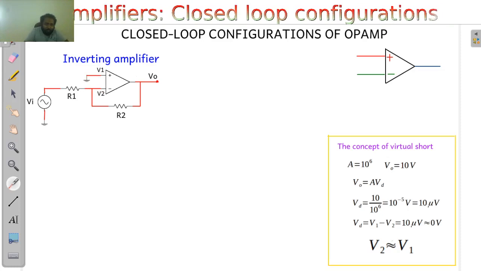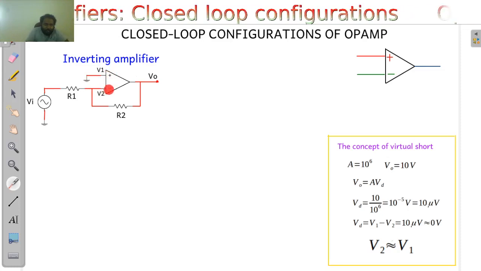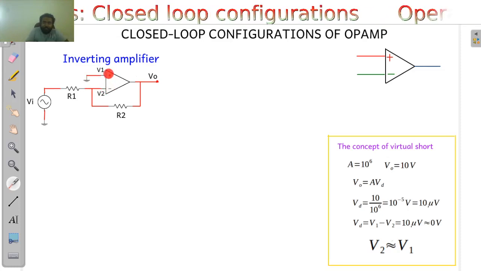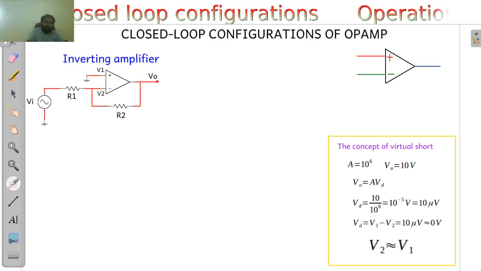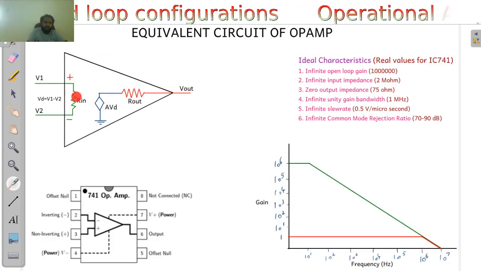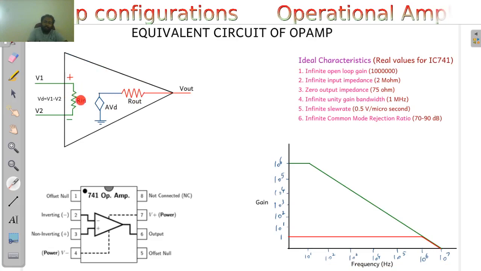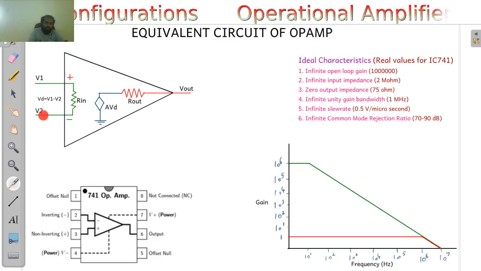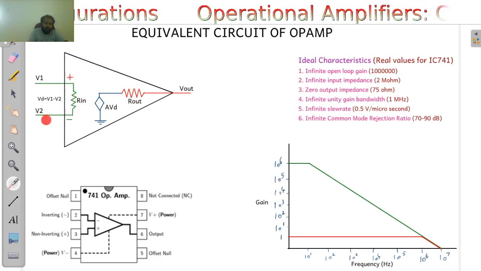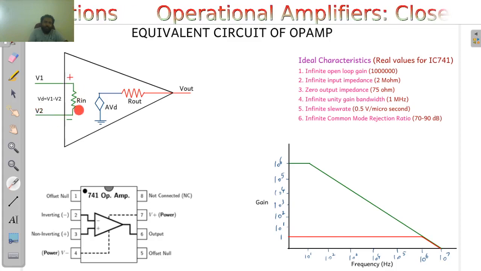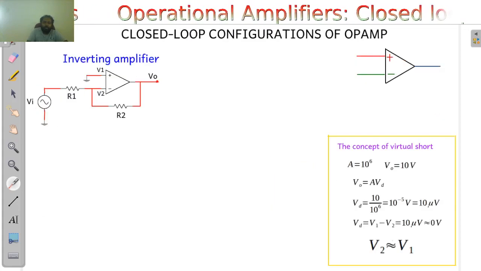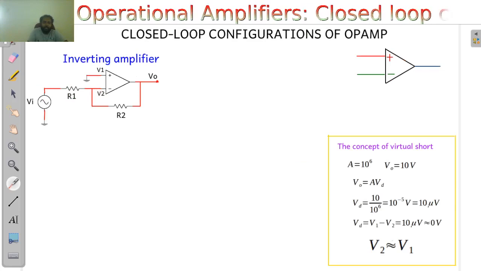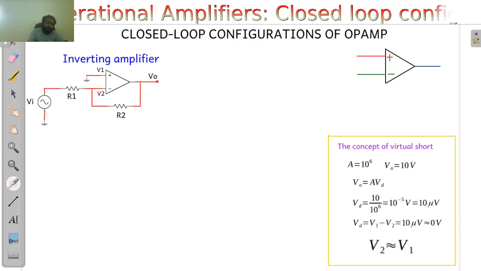And it is to be noted that the input resistance is very high in the case of operational amplifiers. We have seen that in the previous video. Here this Rin is very high, which means there won't be any current flowing from one point to the other. That adds another advantage.